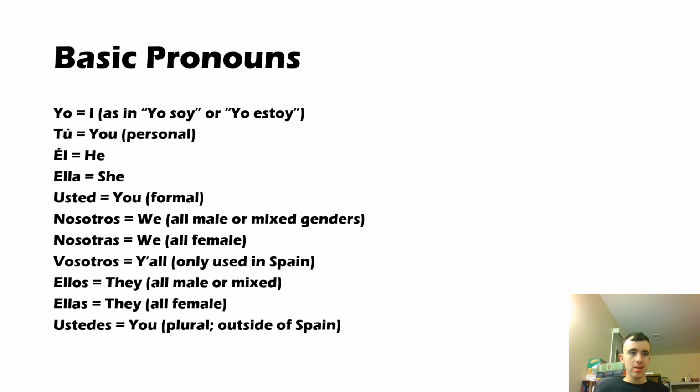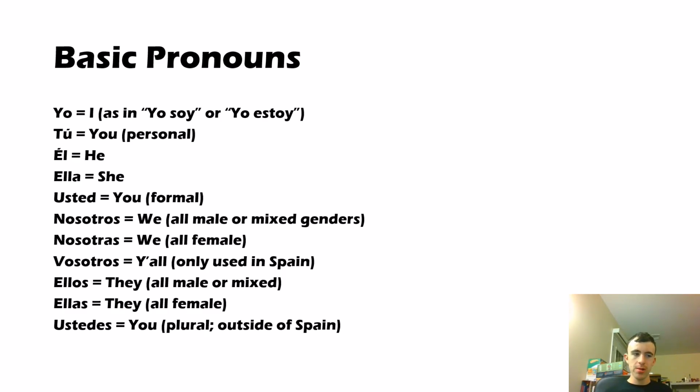In Spanish, I don't like to say it, but it is a very male-dominated language. So, as you can see, mixed genders means that even if there's like 999 males in a group and only 1 female, you still use the masculine form nosotros to refer to the group. And you only say nosotras when there's absolutely 100% females in the group.